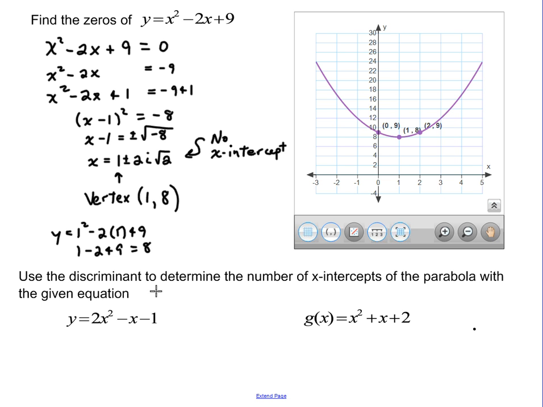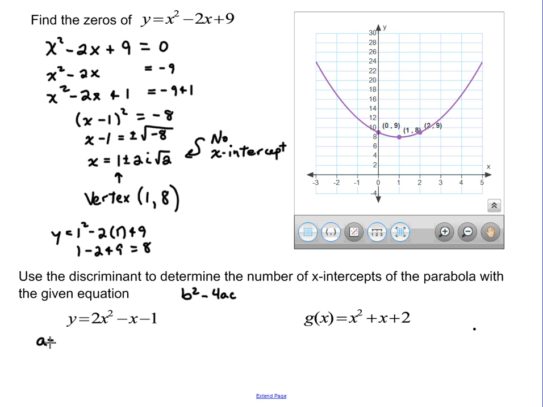How do we do that? Well, remember the discriminant in our formula is b squared minus 4ac. It's the quantity that occurs under the square root. All right, so what have we got here? If I said y equals 2x squared minus x minus 1, how many x-intercepts?